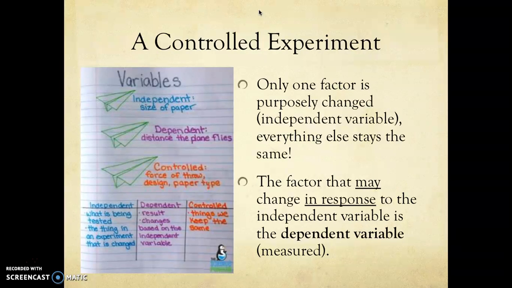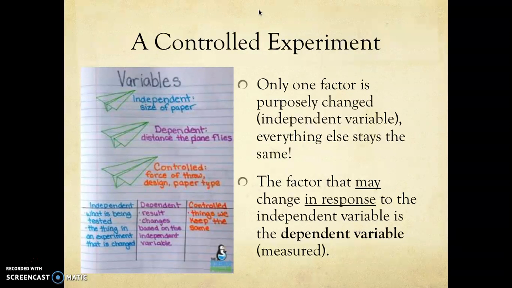But if I'm testing the size of the paper and how it affects the distance the plane flies, I'm not going to want to change up my design from one size of paper to the next. I want to keep that design the same, because if I change it and the distance ends up changing as a result, then I'm not sure if that distance changed because of the size of the paper or because of the different design I used.